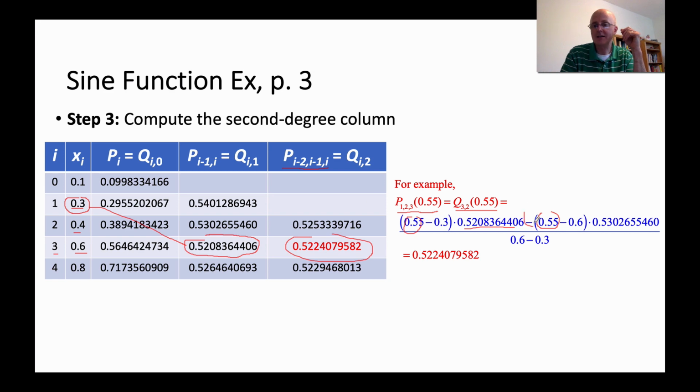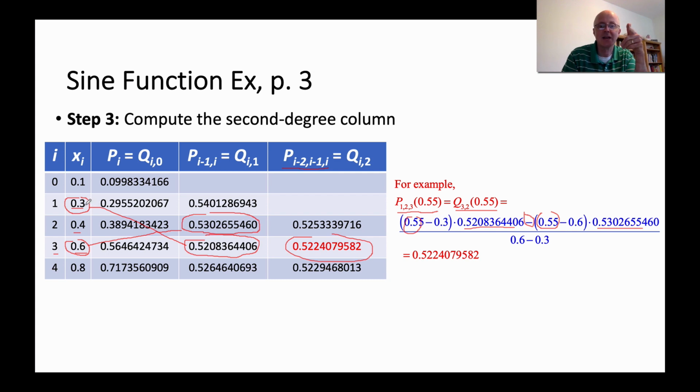Then I subtract, don't forget to subtract instead of add, 0.55 minus 0.6, that difference times, careful, don't go 2 spots up here, focus on just 1 spot here, 0.530265. That's the extra tricky part of this, is these are going to be 2 apart here, but these are going to be just 1 apart.